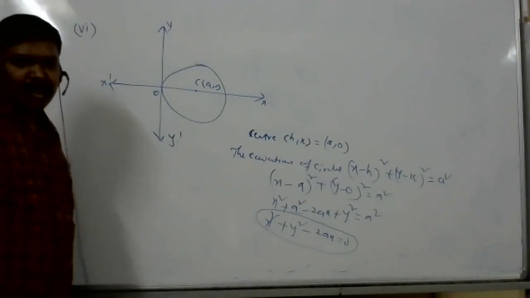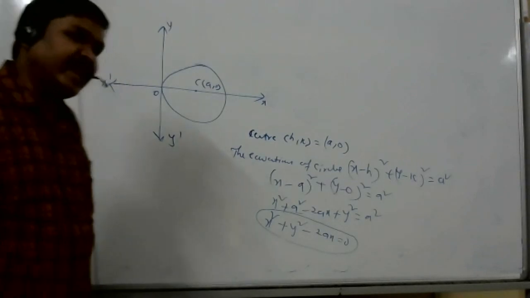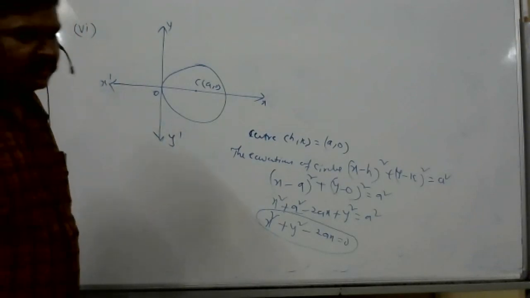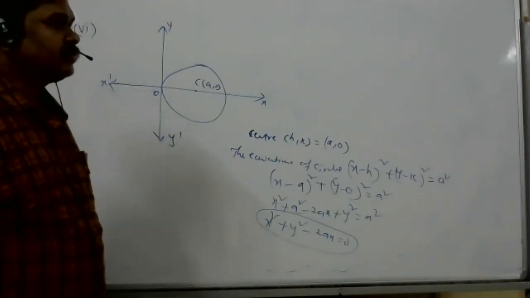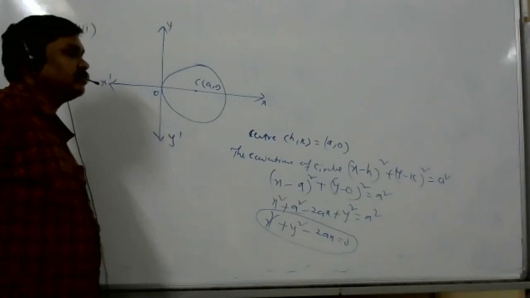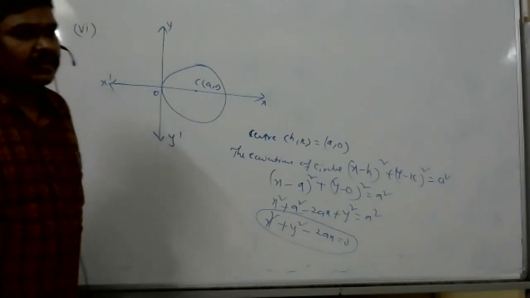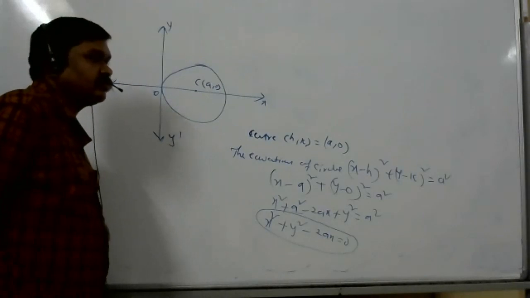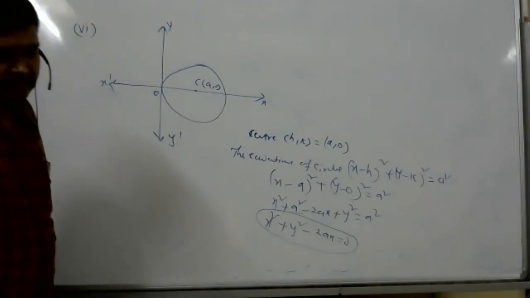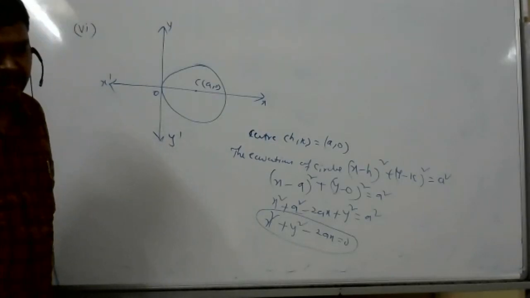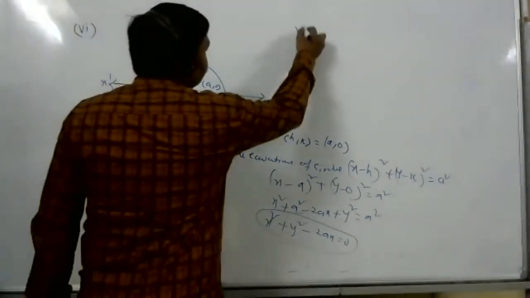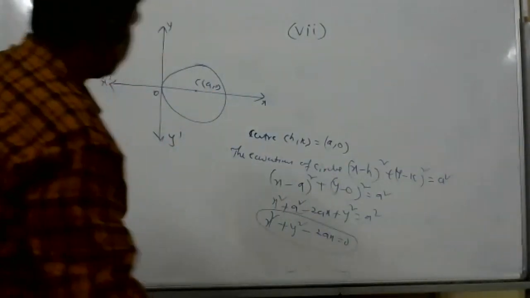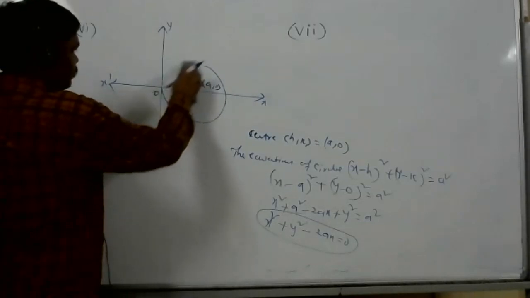Seventh: when the circle passes through the origin and the center lies on y-axis. So case 6 was what?